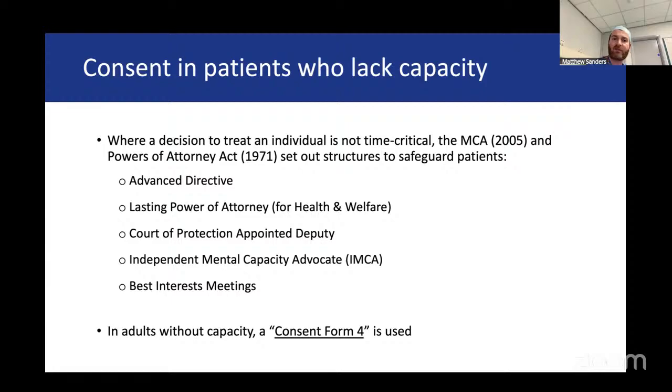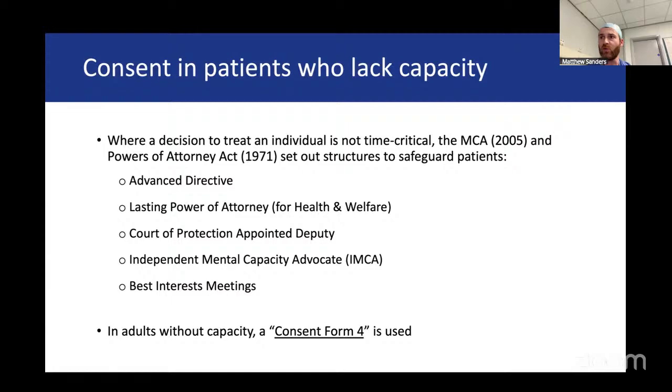Similarly, the lasting power of attorney for health and welfare is a legal document which is afforded to often a relative or a nominated individual by a patient to take effect when that individual loses their capacity to consent for matters regarding their health and their welfare.